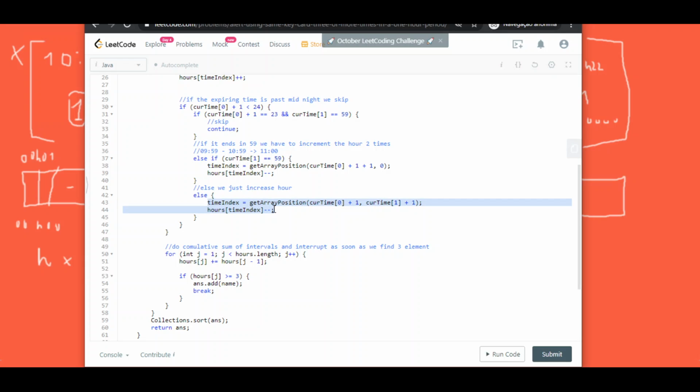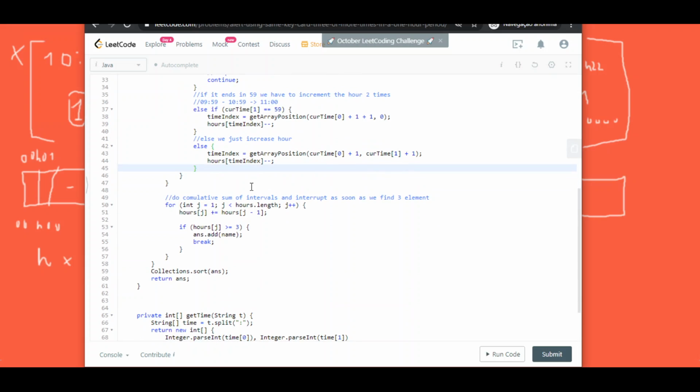And for all the other cases, there is no special treatment. This is why we increase the hour 2 times, because it's from 9 to 10 and from 10 to 11, and the minutes is 0. And here is just the normal case, where we increase the hour by 1 and the minutes by 1, so 1 hour and 1 minute more.